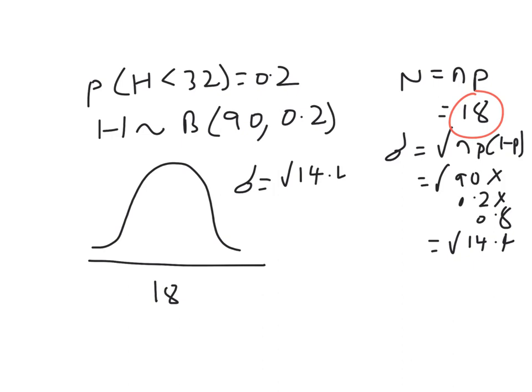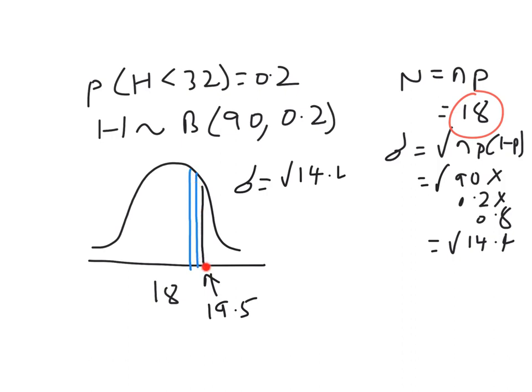So that is a discrete distribution. So this point here has got to be 19.5. Bear in mind that all of that there, where this point here is 19 and that's 18.5, all of this area represents the probability that 19 of them have this height less than 32.